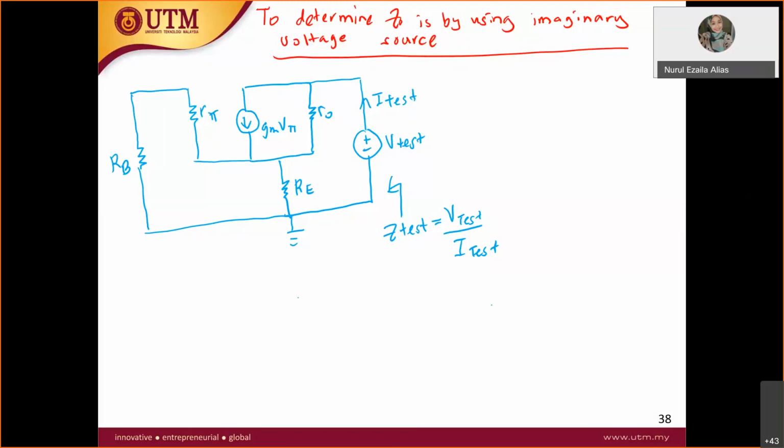This is your base, and RE is here. This is the emitter, and this is the collector. Let's see the equivalent circuit here.